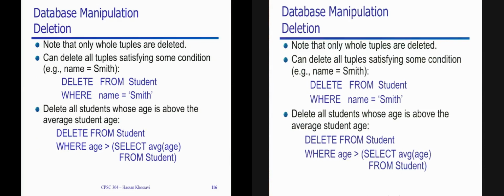And one thing to note about that is that whenever you're doing a delete, first of all, it's going to look at that where clause, figure it out, and then it's going to delete everything based on that where clause. Because what do you think might happen if it looked at each of the tuples separately and then ran that where clause only for that tuple?